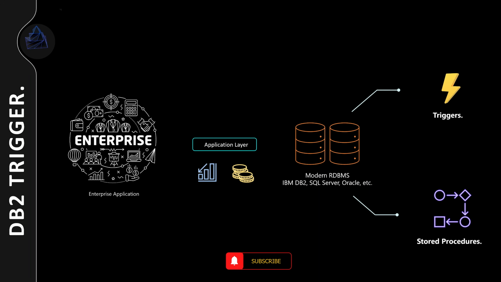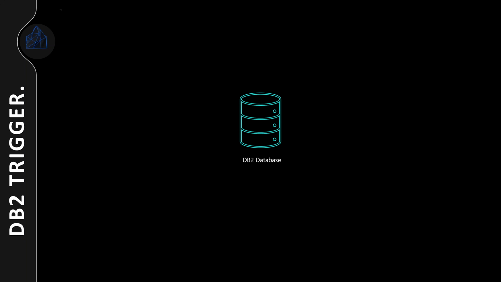And with the help of triggers in DB2 or any other database, you can build an active database that can respond naturally to an event that is happening on a specific table. Now let's move on to our next slide and try to answer a couple of questions.